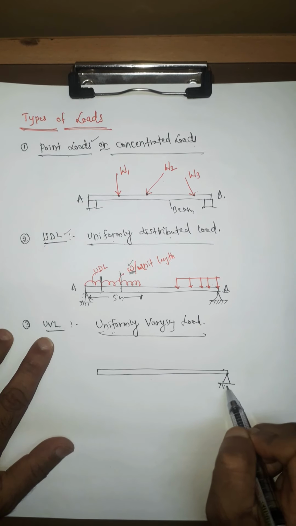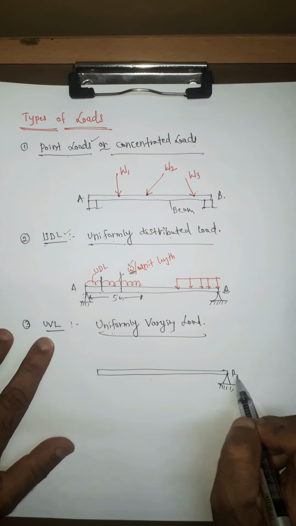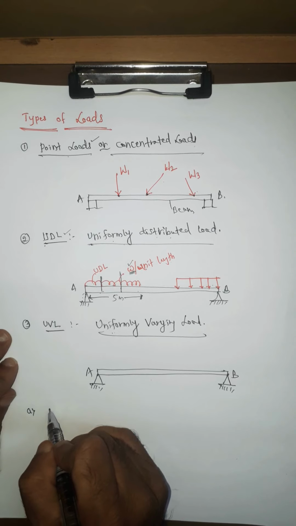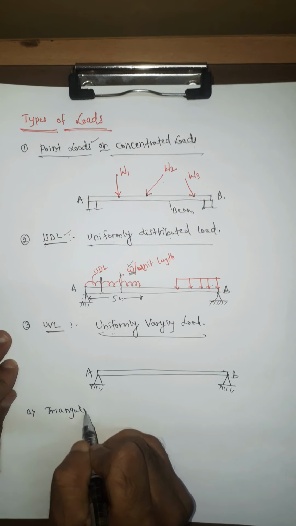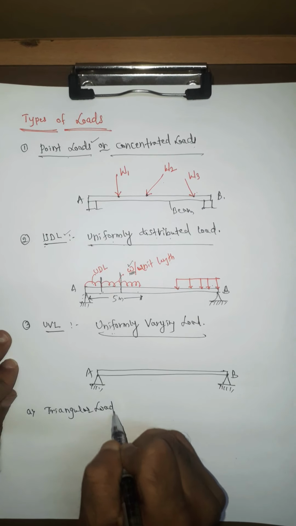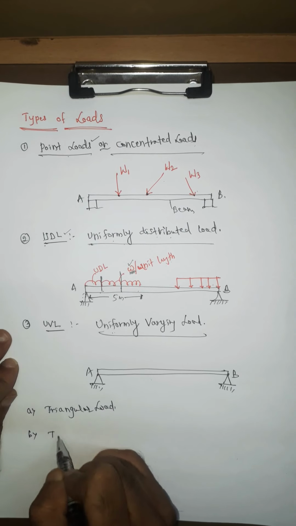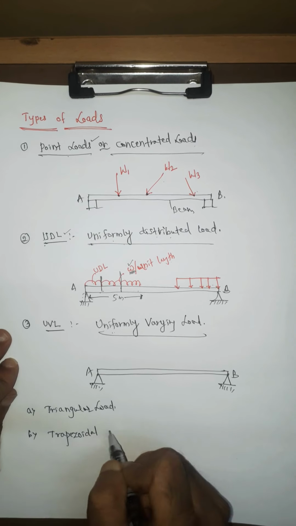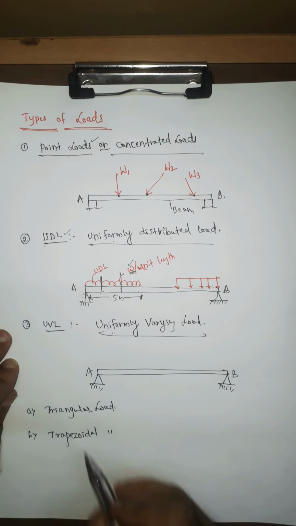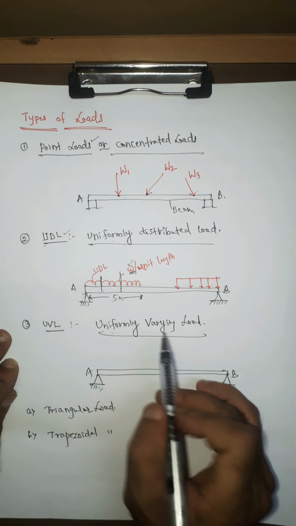Again the support B, then support A. The uniformly varying load will be of two types: one is triangular load, and the other is trapezoidal load. Both are UVL, uniformly varying load.